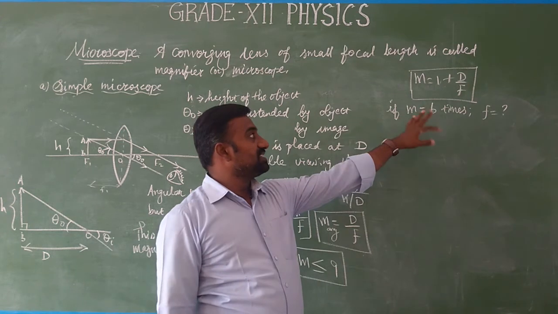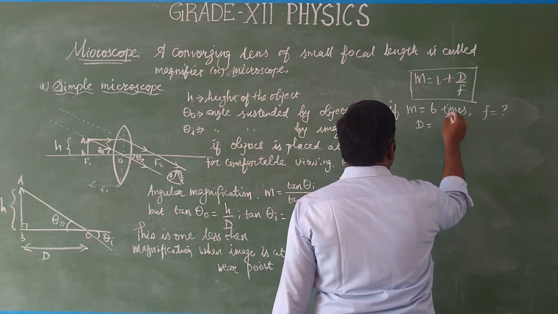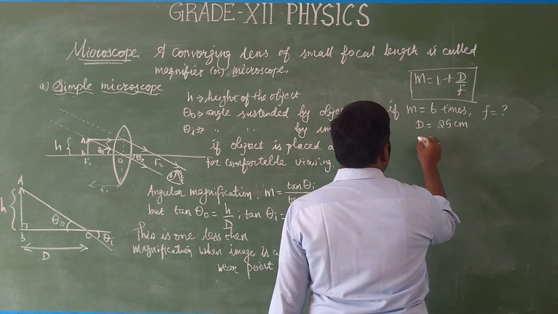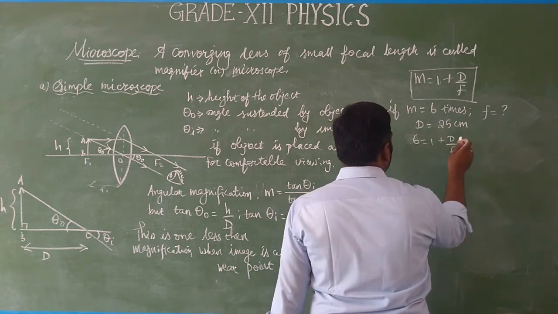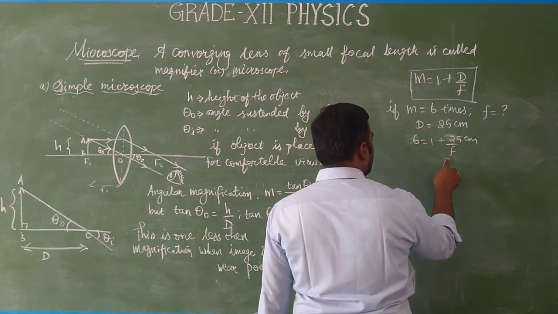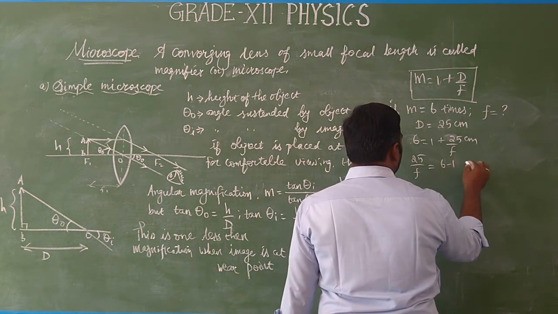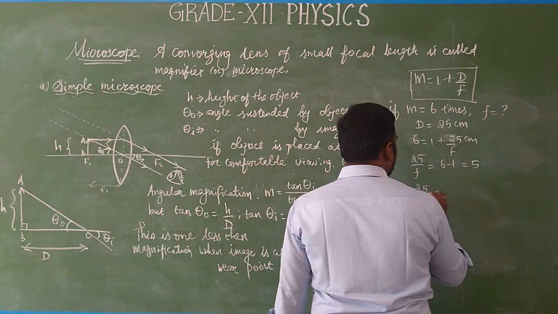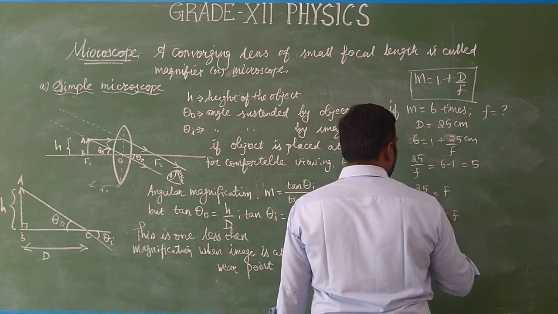Already we know the least distance of distinct vision is equal to 25 centimeter. So M is equal to 1 plus D by F. M is 6, D is 25 centimeter, and we want to find the focal length. So 25 by F is equal to 6 minus 1, which is equal to 5. Therefore, 25 by 5 is equal to F. So F is 5 centimeter.